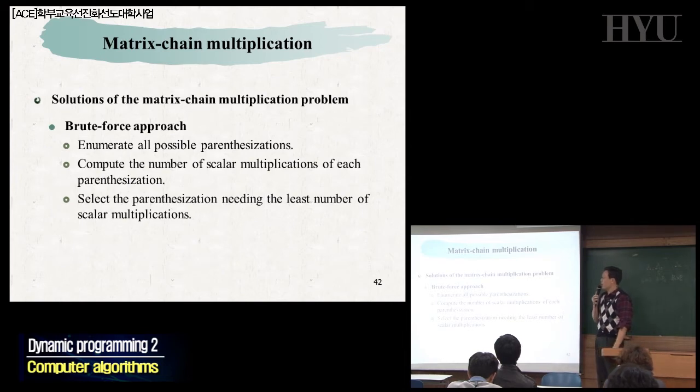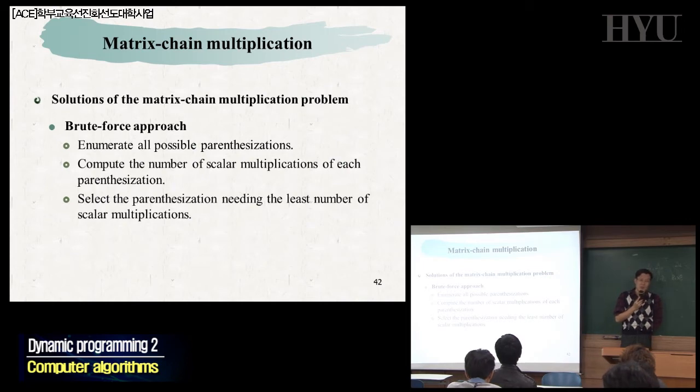Then let's think about the solution of the matrix chain multiplication problem. First, let's think about a brute force approach. The brute force approach is like this.